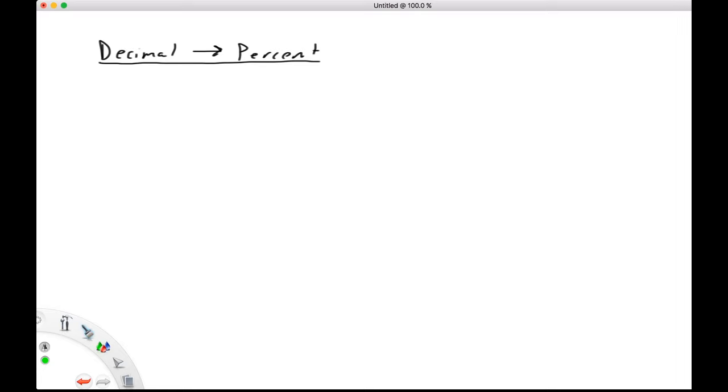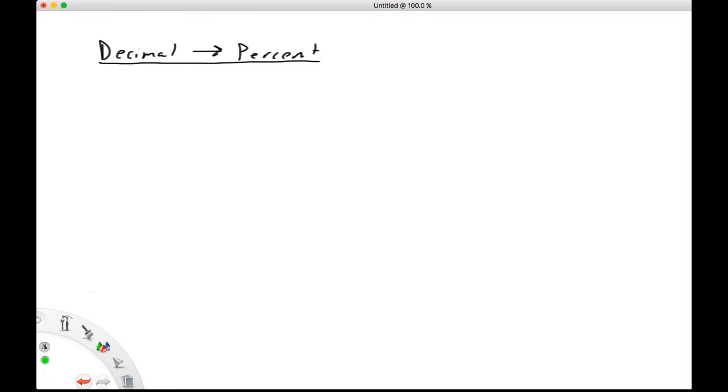And the nice thing about being out of 100 is that 100 is a multiple of 10. And we have a base 10 number system. In other words, we have 10 digits. So we have a ones place and a tens place and a hundreds place. And likewise, we have a tenths place and a hundredths place. So what that means is that expressing something as a percent works really well.